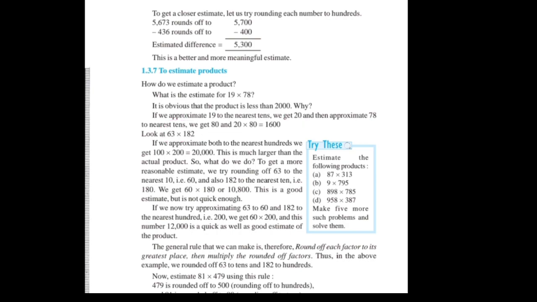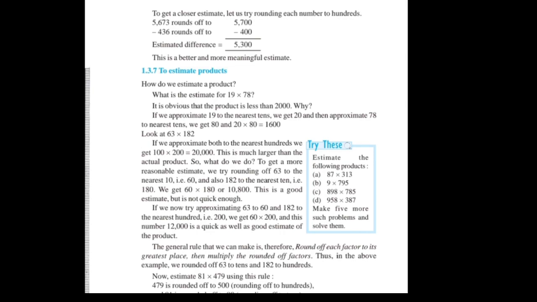If we approximate both to the nearest 100, we get 100 multiplied by 200. So it becomes 20,000. This is much larger than the actual product. If we multiply the actual numbers, this value is much larger than the actual.